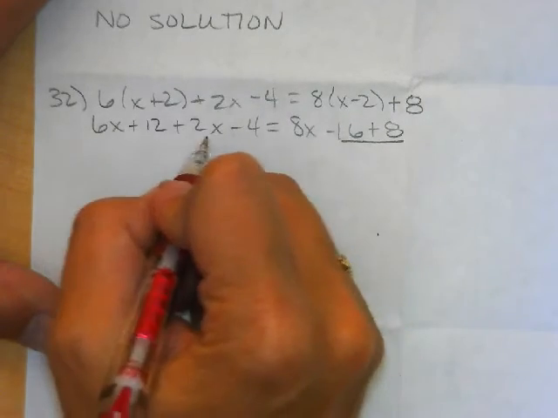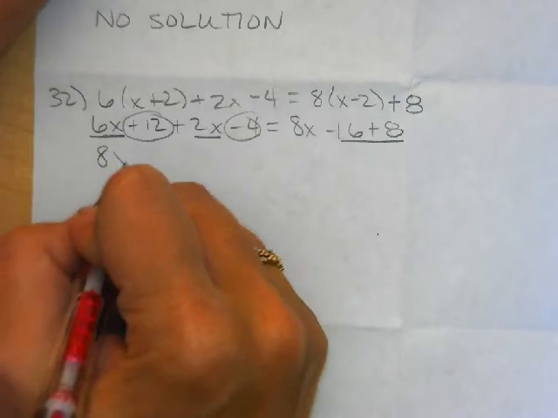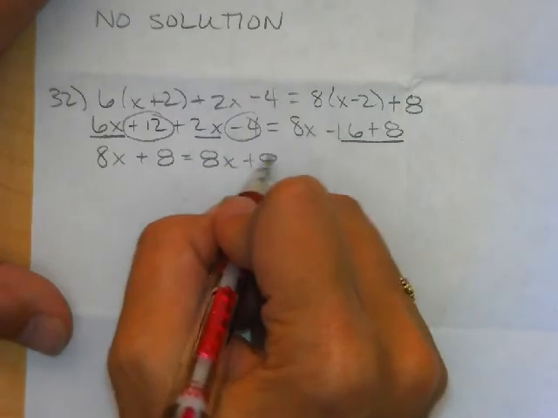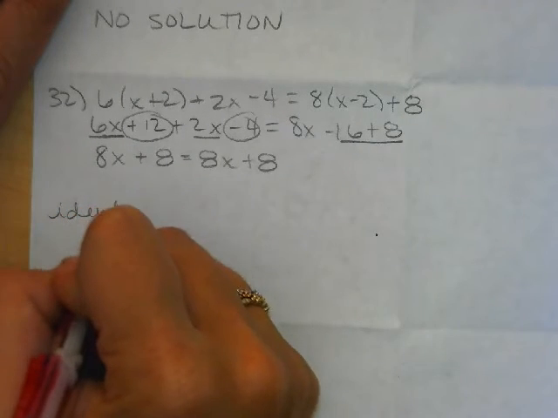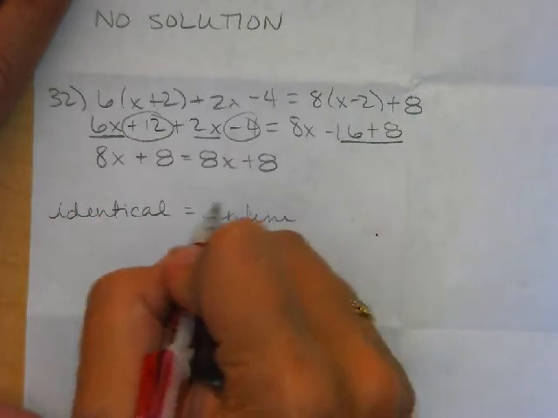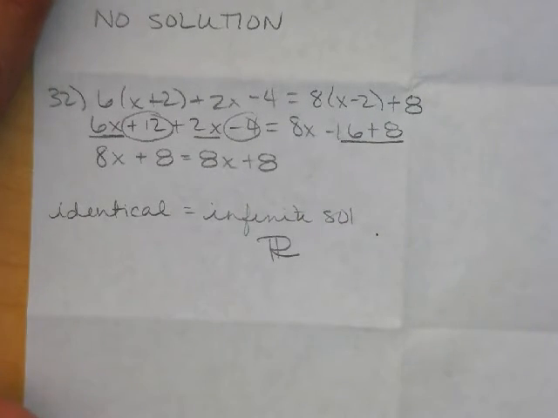Lots of collecting like terms. All right, so we have 8x plus 8 equals 8x plus 8. So again, these are identical. That means that we have infinite solutions. Or you can say all real numbers.